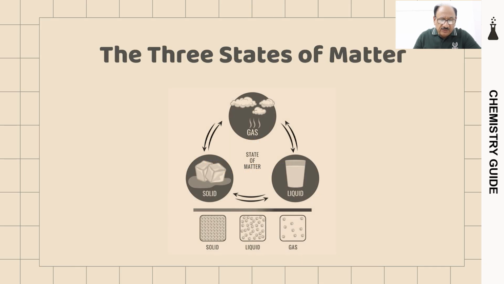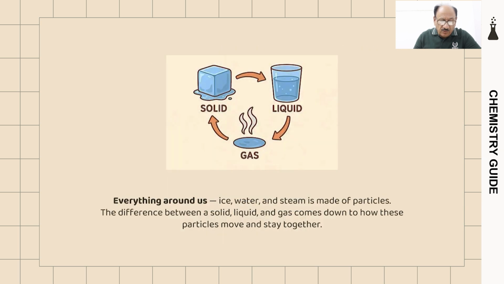Now if we see the three states of matter, everything around us is in the form of gas, solid or liquid. These three states of matter we can see everywhere, in living and non-living organisms. Everything around us, for example ice, water and steam, is made of particles, and this is known as the kinetic molecular theory of matter.